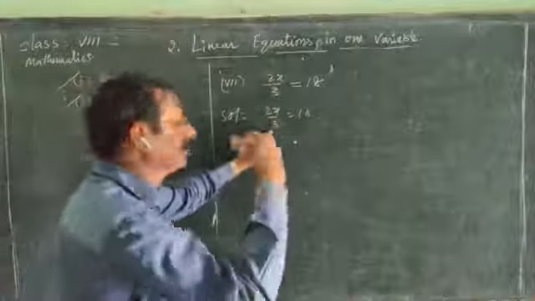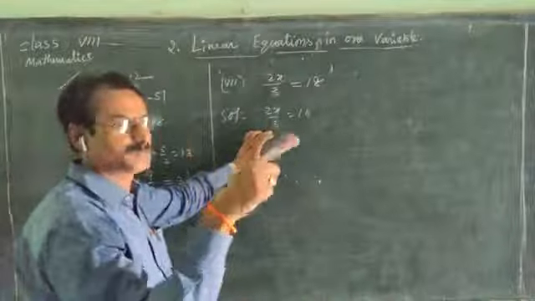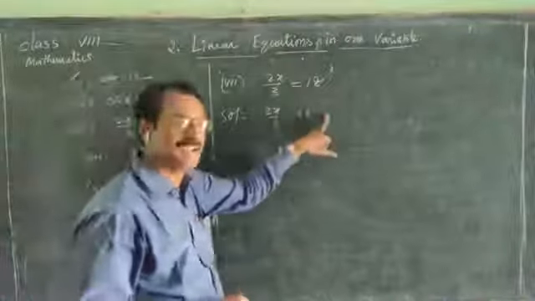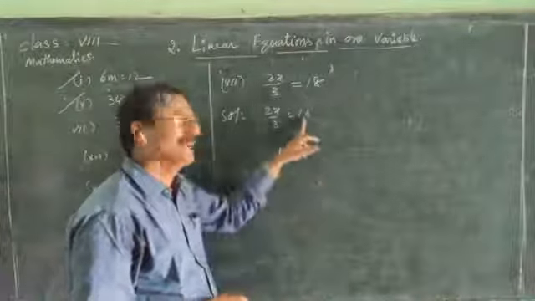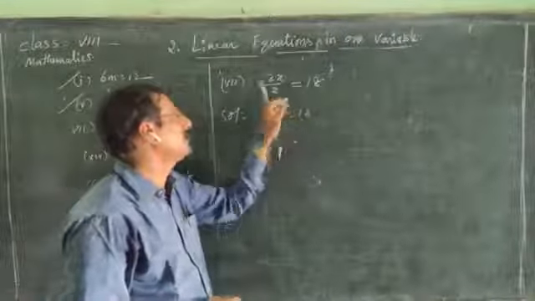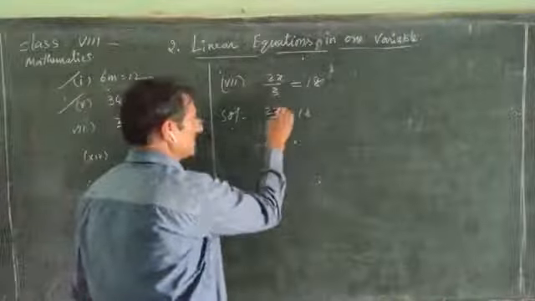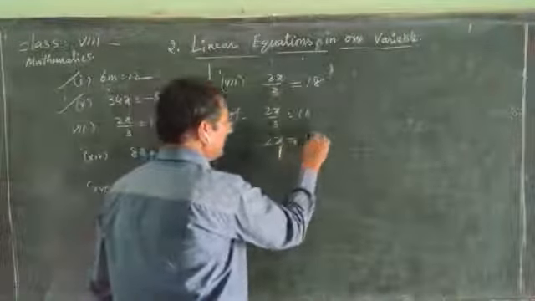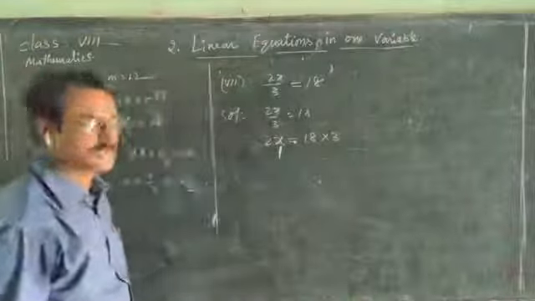If we send it to the other side, or transpose to the right hand side, it becomes multiplication. That means 18 is already there, 18 into 3. So the remaining 2x in the numerator equals 18 into 3. Do you understand this one?